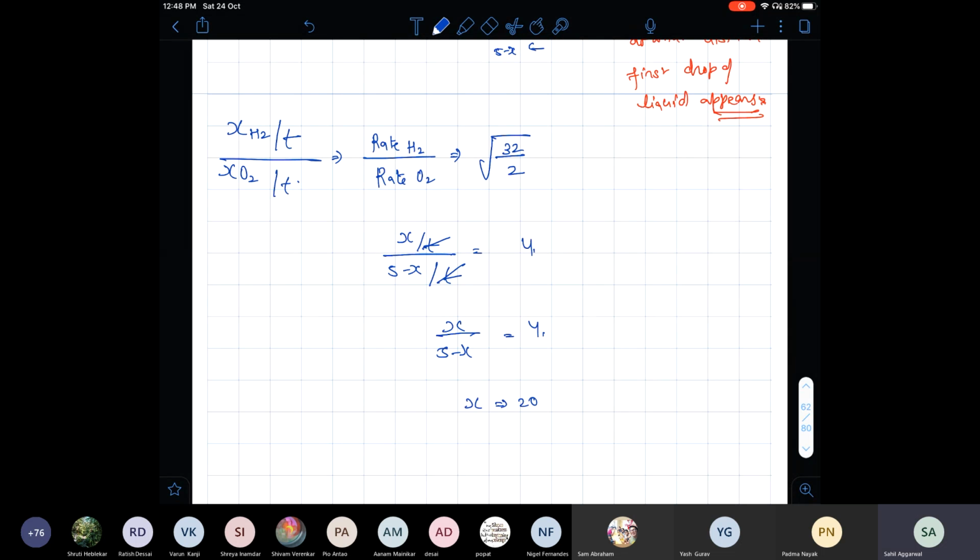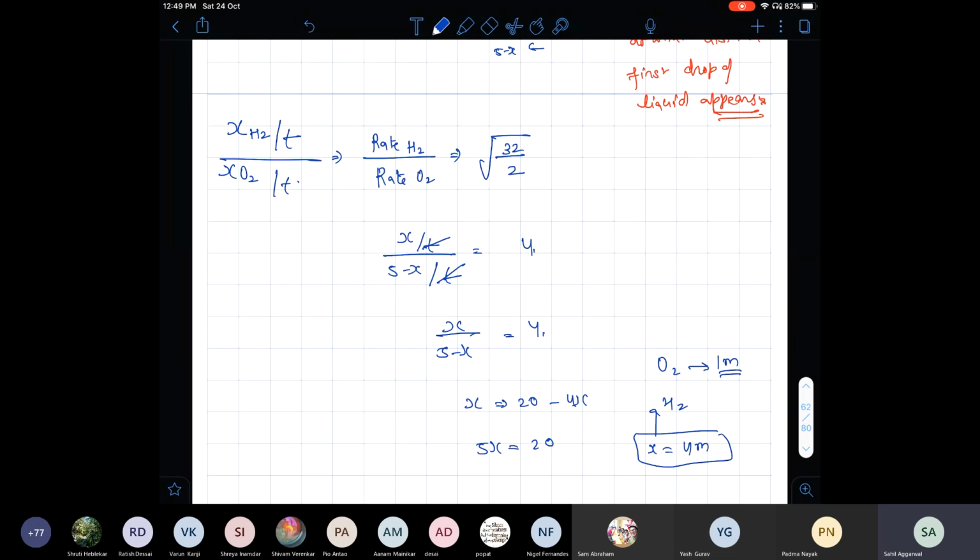X equal to 20 minus 4x. 5x equal to 4, sorry, 5x equal to 20. X equal to 4 meter, matlab hydrogen chala hai 4 meter and oxygen 1 meter.